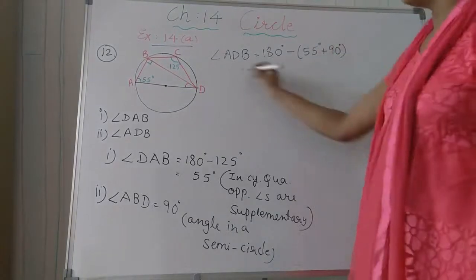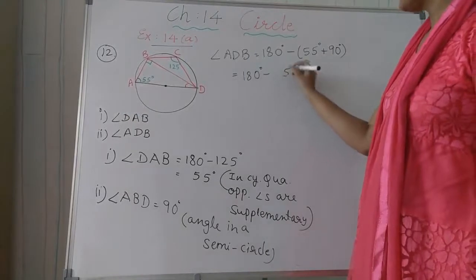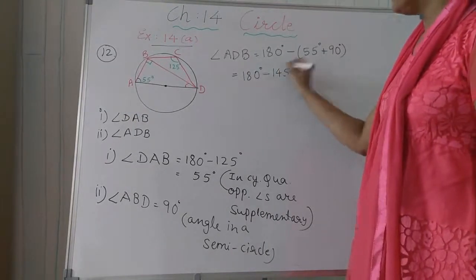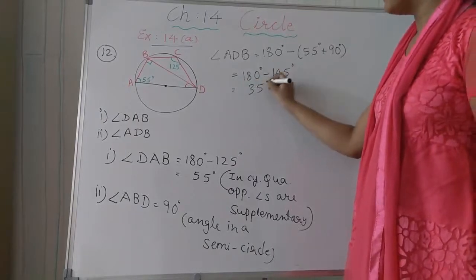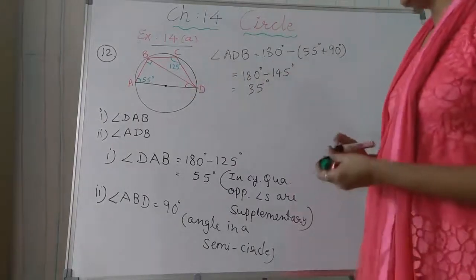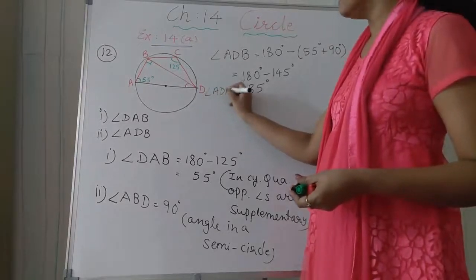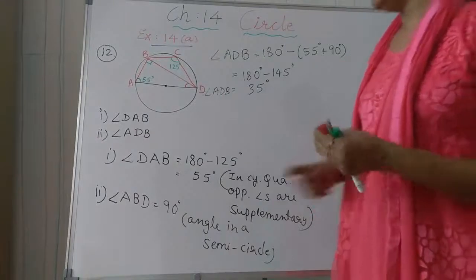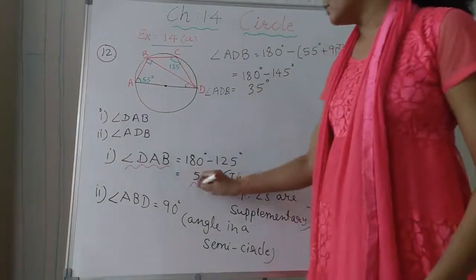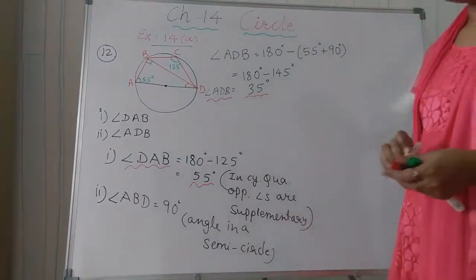So this way we get 180 degrees minus 145 degrees, that is 35 degrees. So this answer is 35 degrees. So here we get both the answers, students: angle DAB is equal to 55 and angle ADB is equal to 35. This is our question number 12.